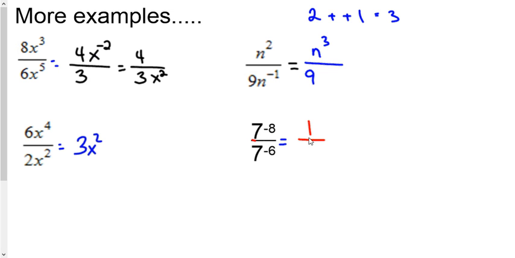Well, it's a 7, so we'll have that multiplied by a 7 right here. And negative 8 minus negative 6, keep, change, change. Negative 8 plus 6 is negative 2. Now, remember, can't have negative exponents, so 1 over 7 to the second power.